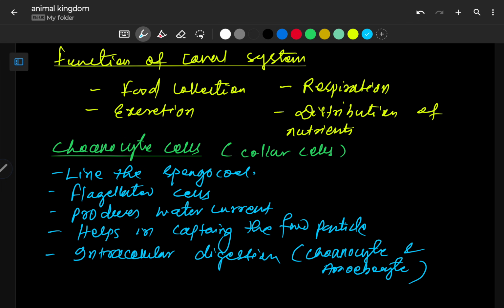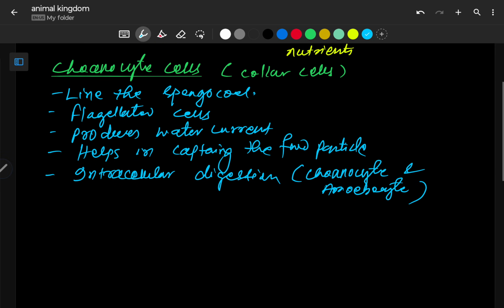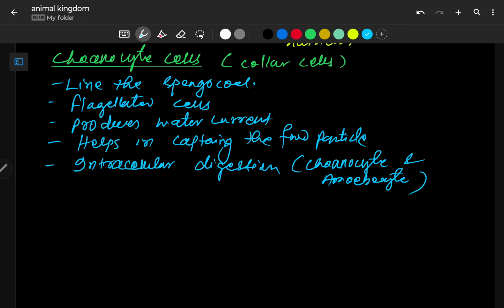ओके, ये दो सेल से वो अपना डाइजेशन करता है, ठीक है. And besides that there is another most important feature, that is they are having the skeleton.